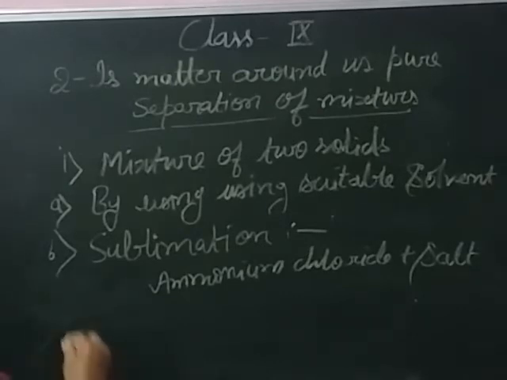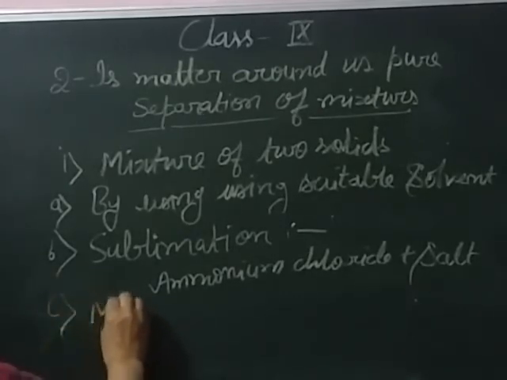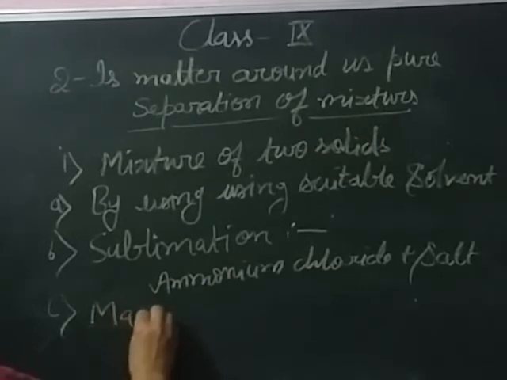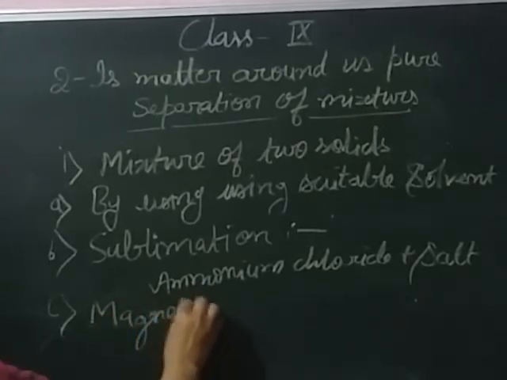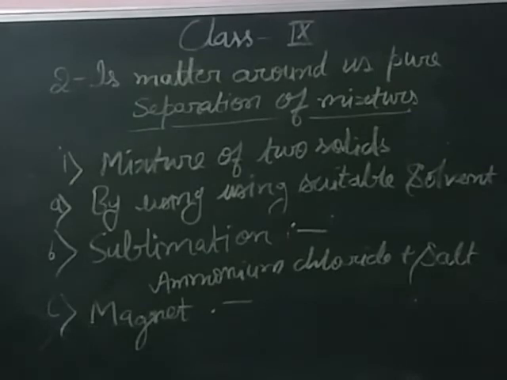And the last, C, is separation with the help of a magnet. In this method, when one component of the mixture has magnetic property, meaning it is iron, then we use the magnetic separating technique for removal of the iron particles.